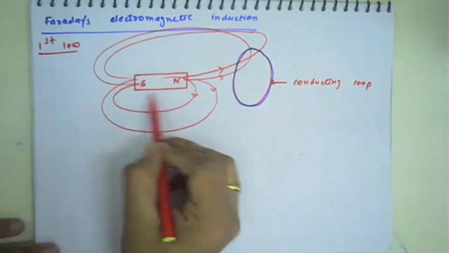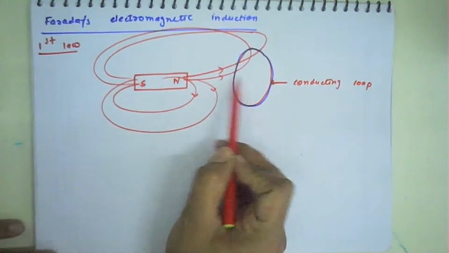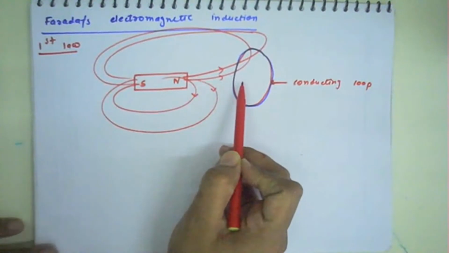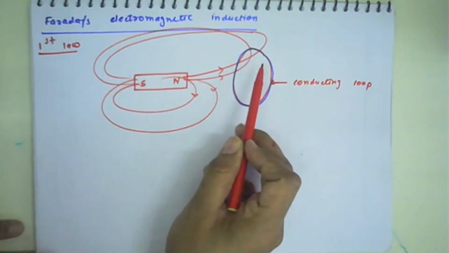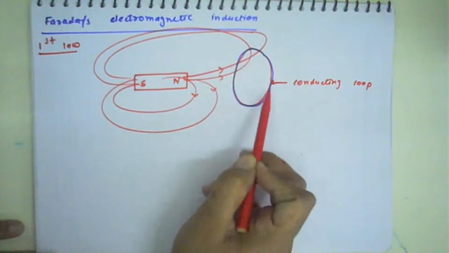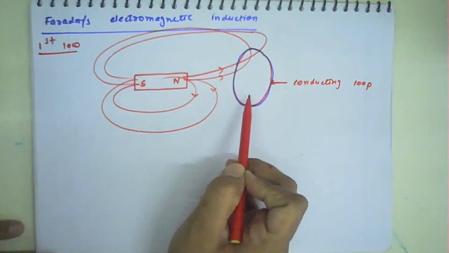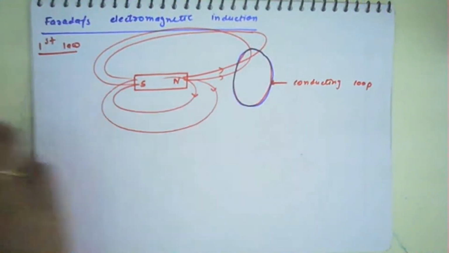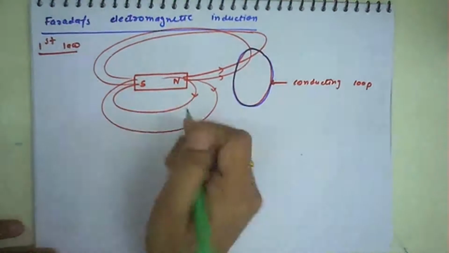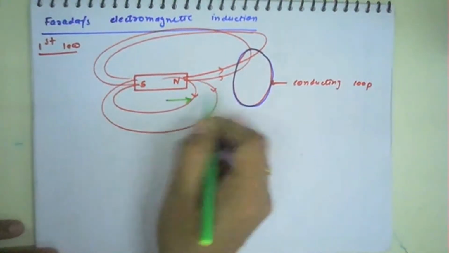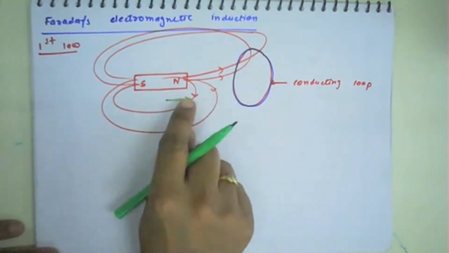When this magnet and this loop are both at a steady position, there is no change and there is no current flowing in this conducting loop. But when we move this magnet towards this loop, what happens?